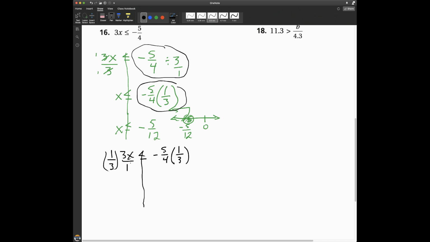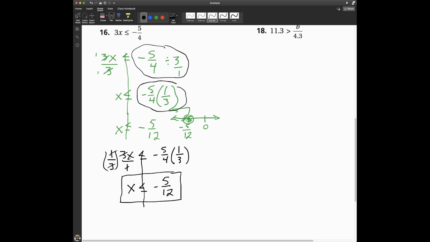So something that's kind of neat is on this side, what is the reciprocal of 3? As a whole number, 3, the reciprocal is 1/3. And so multiplying 3 times 1/3, the numerators and denominators cancel out, and I'm still left with x. Okay, and then over here we had negative 5/12.